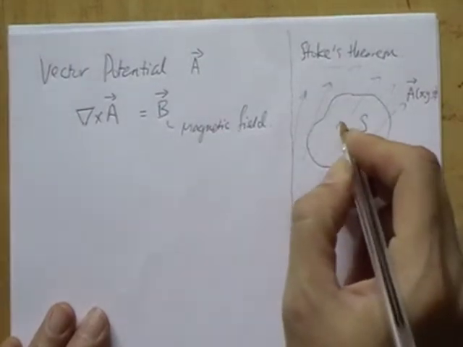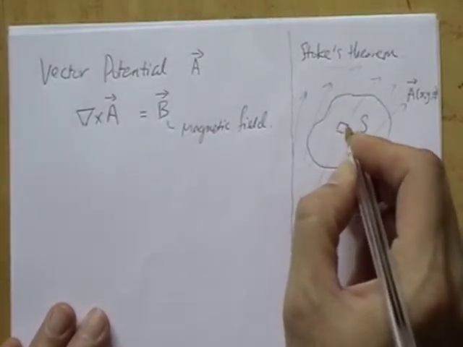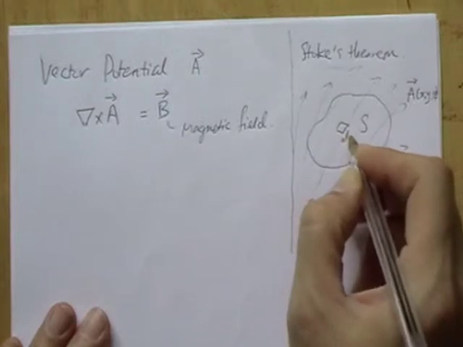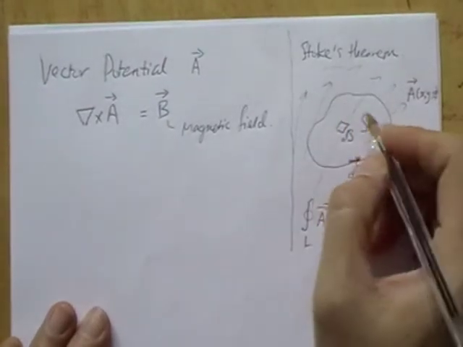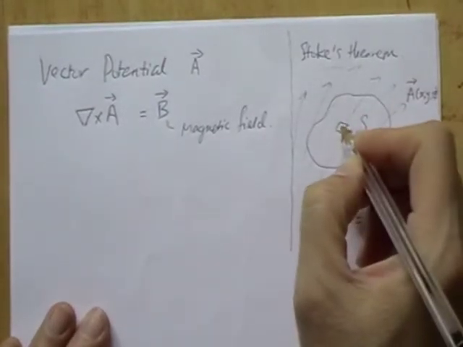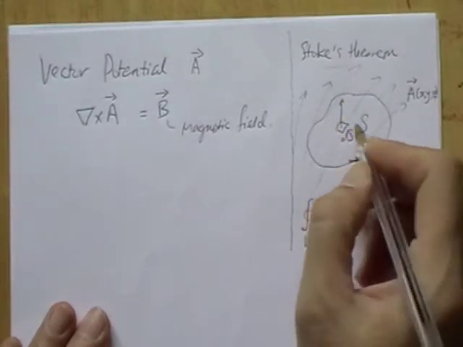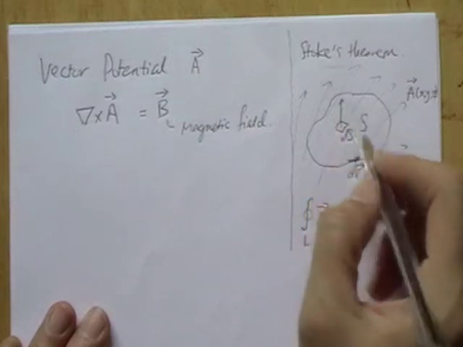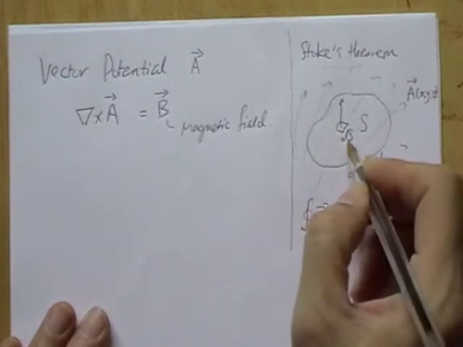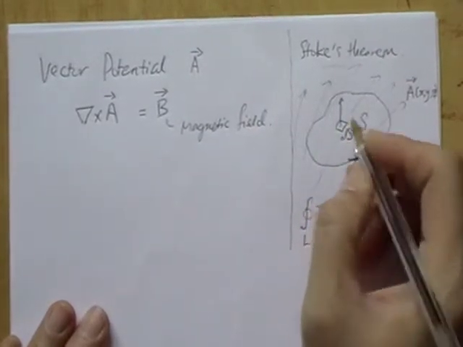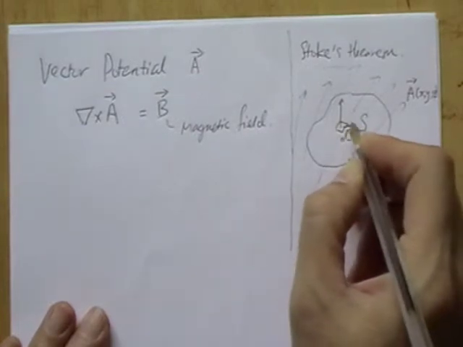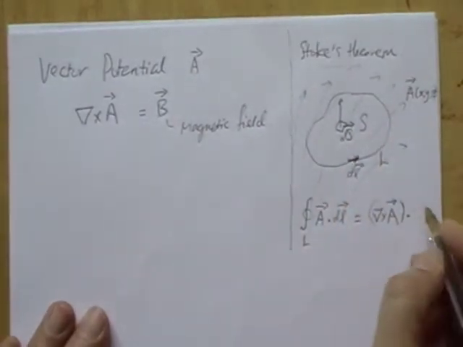We imagine a small area ds, and think of a vector normal to this area with the same magnitude as the area element.